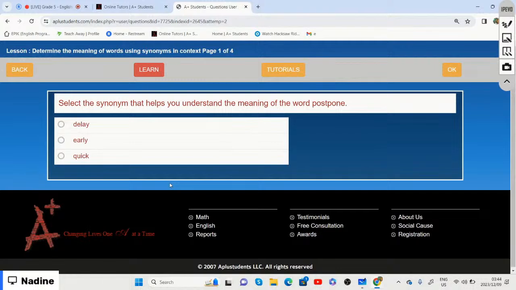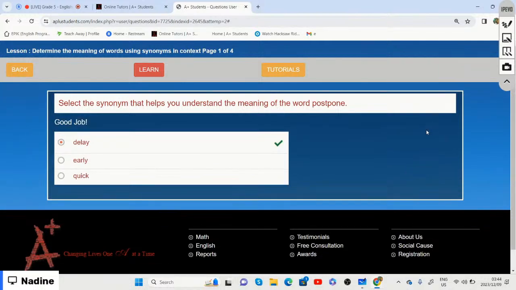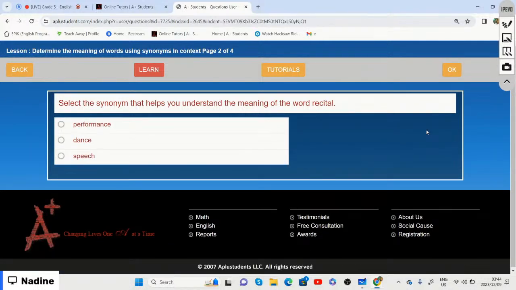Is it early or quick? All right, so if we look at the meaning of the word postpone, we can say it is basically to delay, right? Delayed for a couple of hours, delayed for a day, 2 days, a week.